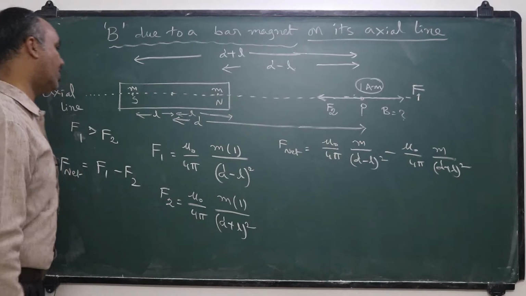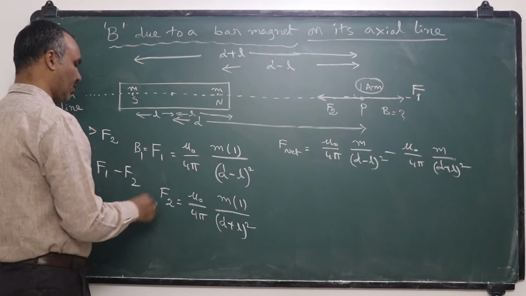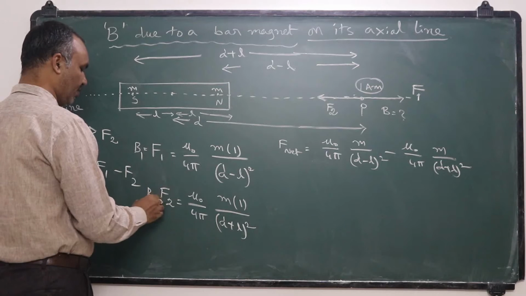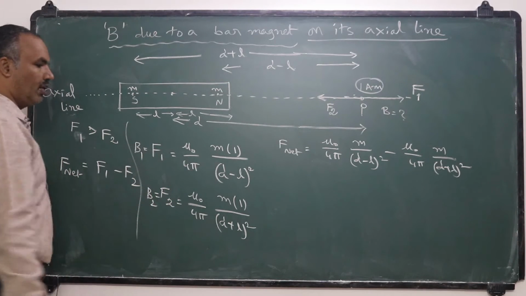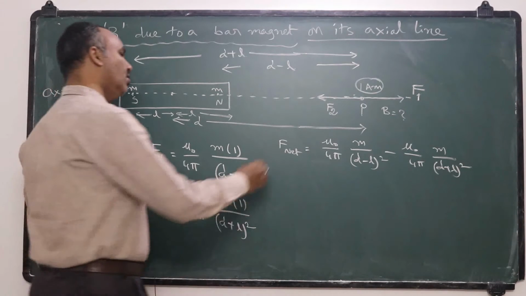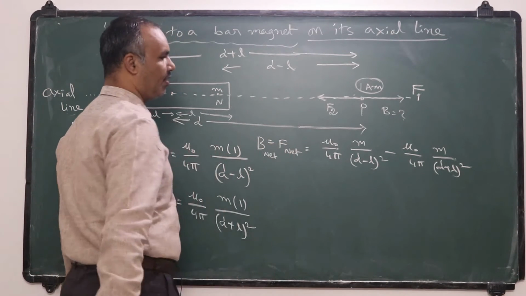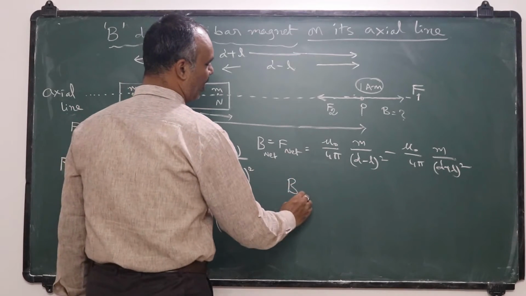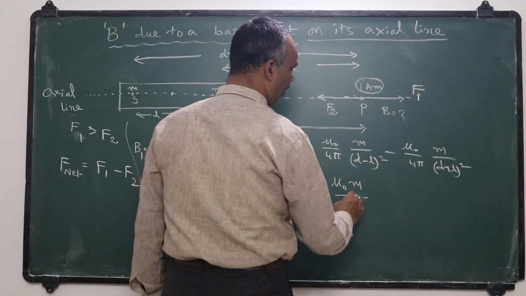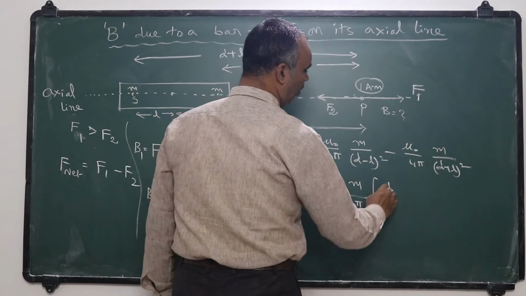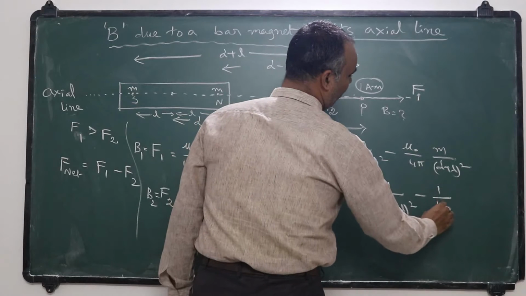Actually, the force experienced by this unit north pole is called the magnetic induction field strength. So you can call them directly B1 and B2. The net force experienced is the net magnetic induction, B net. So B net is given by mu naught m by 4 pi, if I take common, 1 by d minus L whole square minus 1 by d plus L whole square.